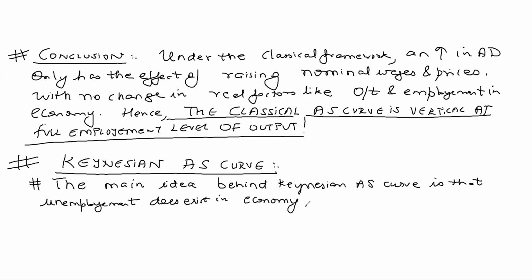All of us know the Great Depression of the 1930s. From that moment onward, we started having the Keynesian approach. Before that, we used to have the classical approach. So unemployment does exist in the economy.